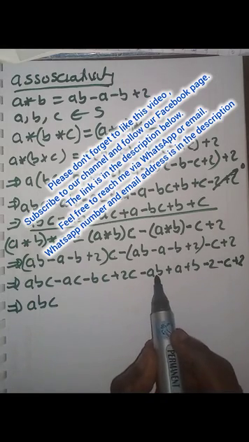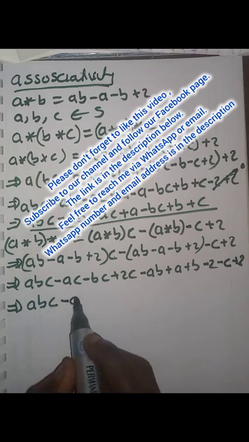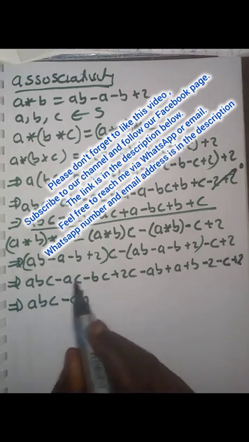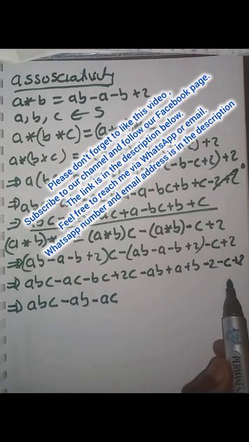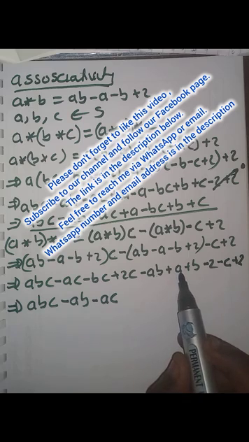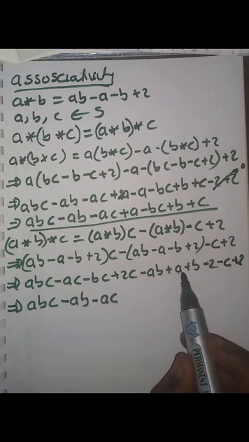Then I'm going to bring this AB here. I'm going to have minus AB, then AC minus AC, then in this case I have A, right? I have A here, and let me see if I have another A again.